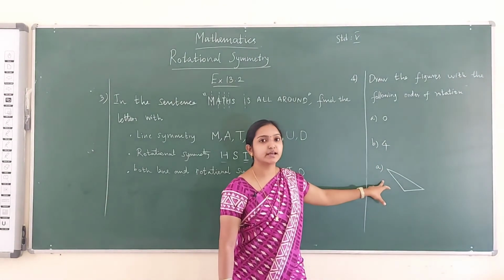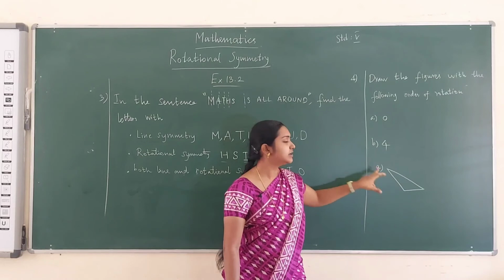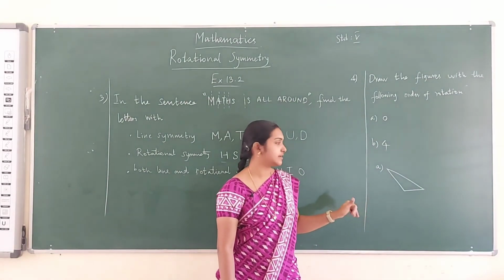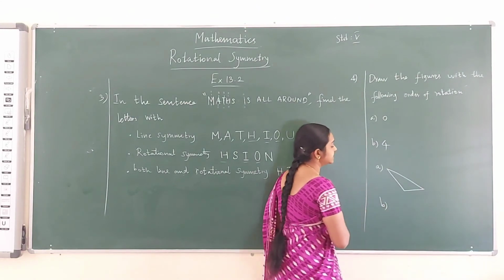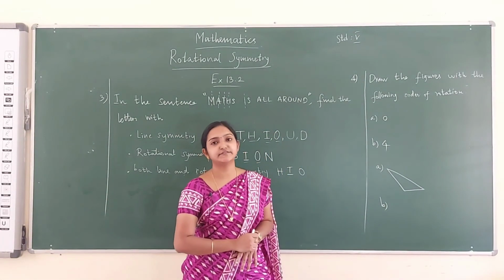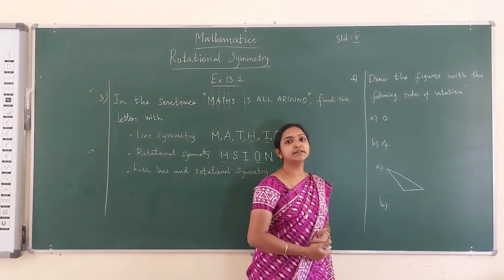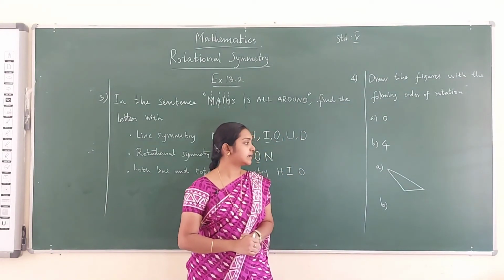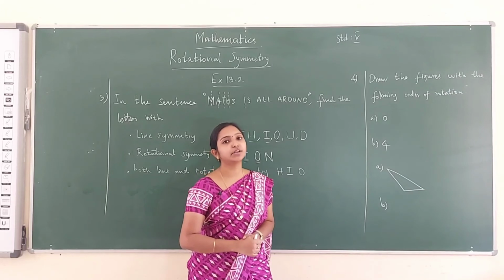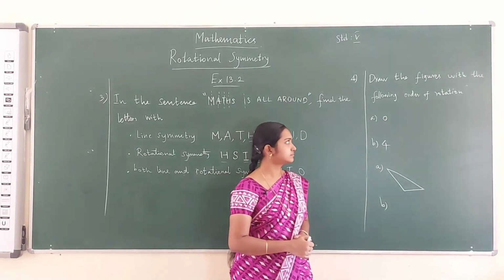So this scalene triangle will be having zero rotational symmetry. Scalene triangle means 3 sides will be different and 3 angles will be different. That triangle is called as scalene triangle.